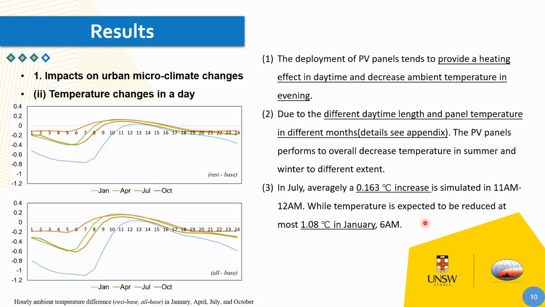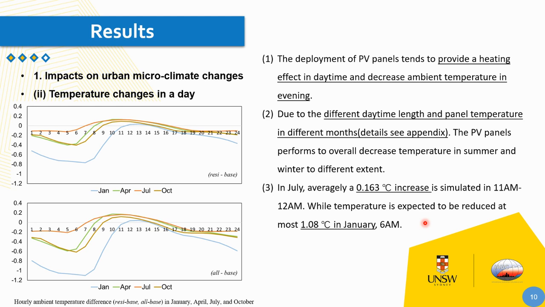So we further investigated how the temperature changes within a day, using the hourly average temperature in different months. Here we draw the curves for January, April, July, and October. The finding is that the deployment of PV panels tends to provide a heating effect in daytime and decrease ambient temperature in the evening.